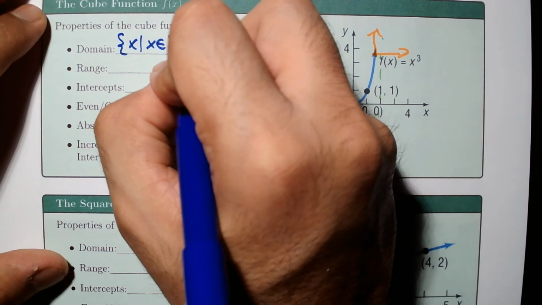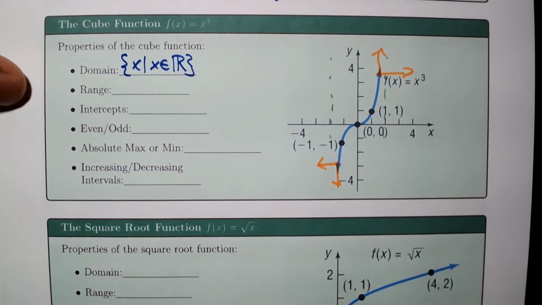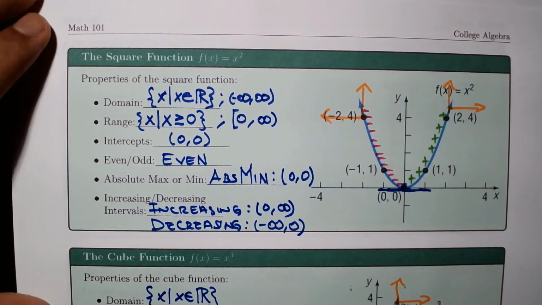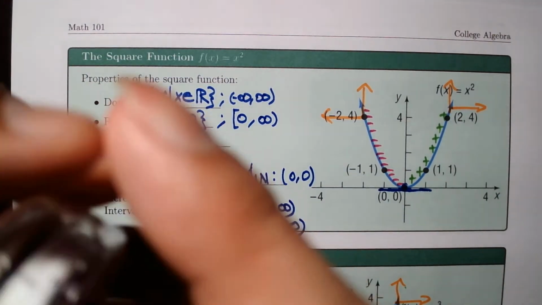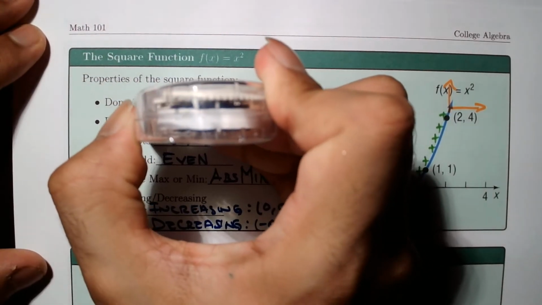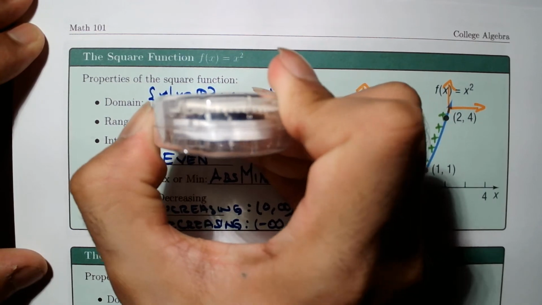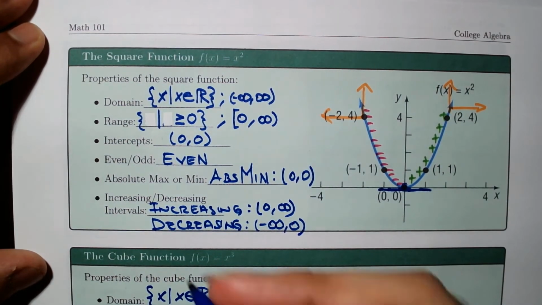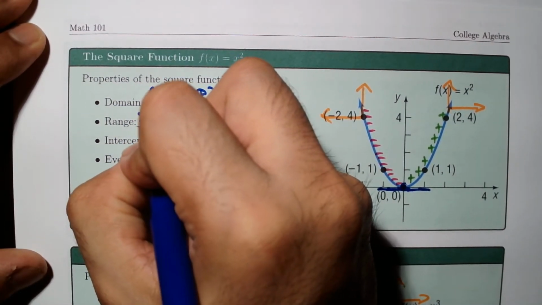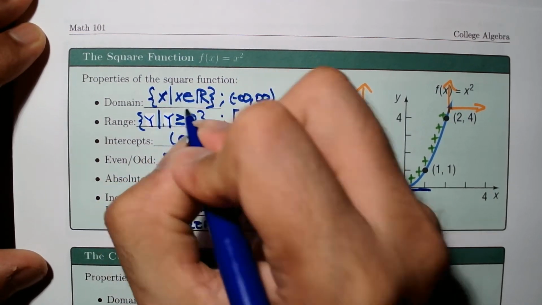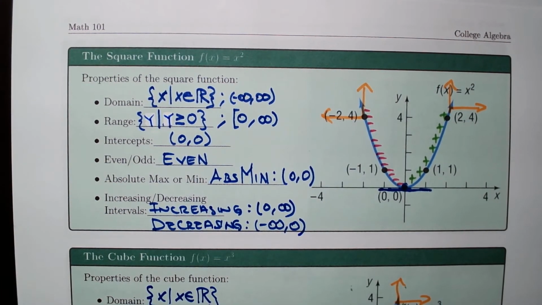By the way, before I move on, I've just spotted a silly mistake I made above. Over here I was supposed to write not x for the range, but rather y, because the range has to do with the y's and not the x's.